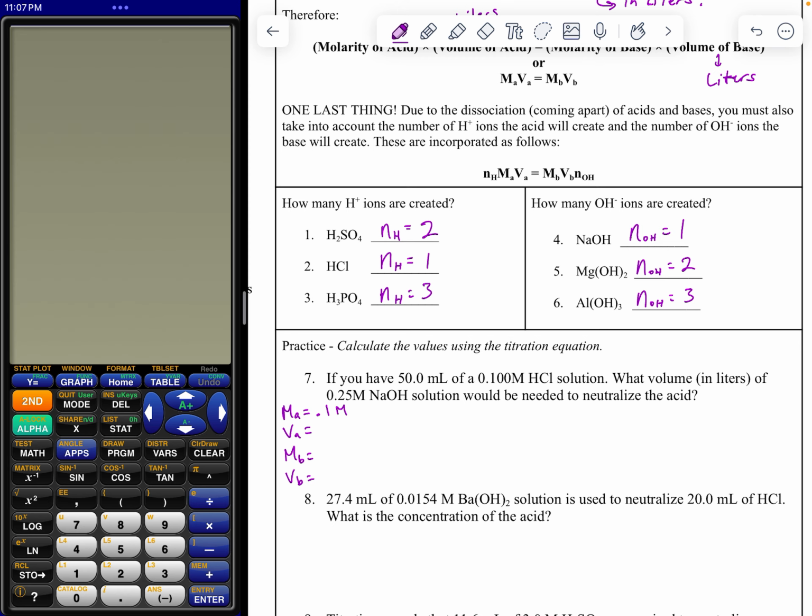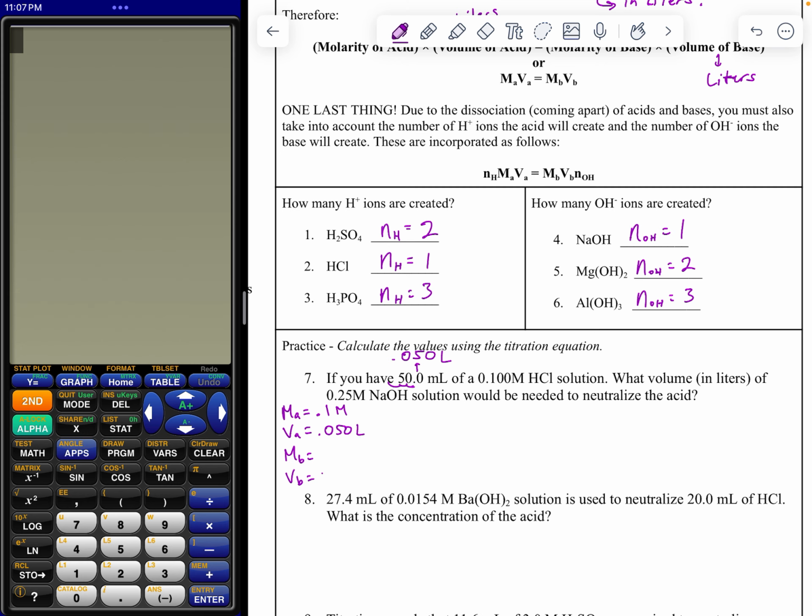The volume of the acid, remember, is 50 milliliters. However, we need to make sure that it is in liters, so we convert that very quickly. Move the decimal three places back, divide by 1,000, and we get 0.050 liters. So there's 0.050 liters of that solution.